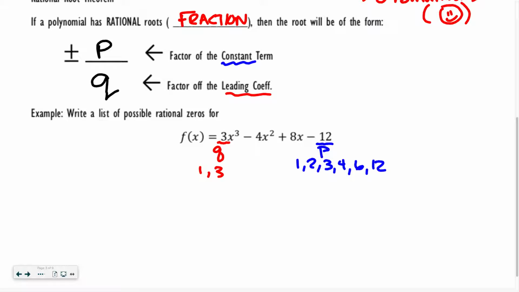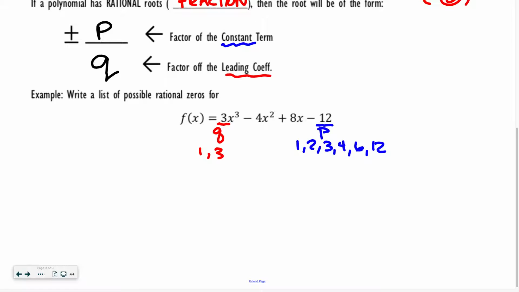So in this one, I'm going to do more work than I usually do, okay, because this is my first example. But you have to take every single one of these factors, so you have 6 factors of 12, and you have to put it over 1. So like 1 over 1, 2 over 1, 3 over 1, 4 over 1, 6 over 1, 12 over 1.